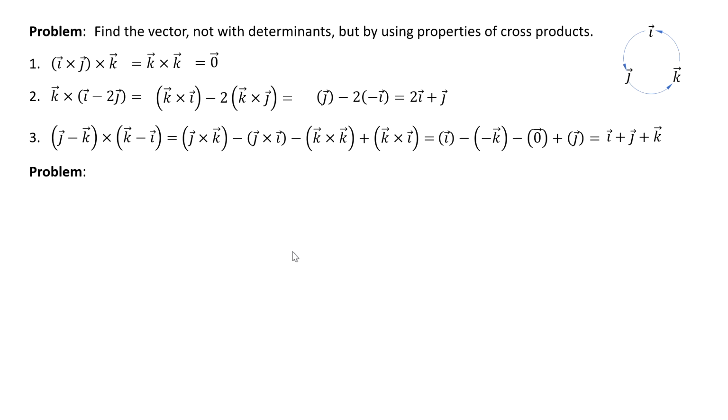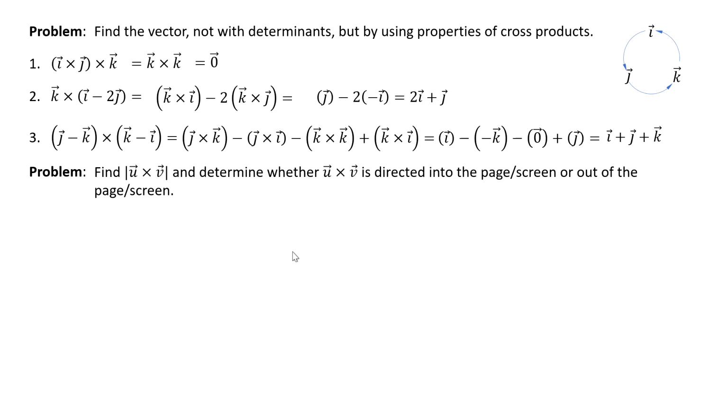Did I sound southern enough for you? All right. So silly problems like that. Find the magnitude of u cross v and determine whether u cross v is directed into the page or out of the page. This is the one where I said, all right, boys and girls, I'm going to show you a little bit of how this direction thing works using the right hand rule. You stick your fingers so that all four fingers are pointing, except the thumb.